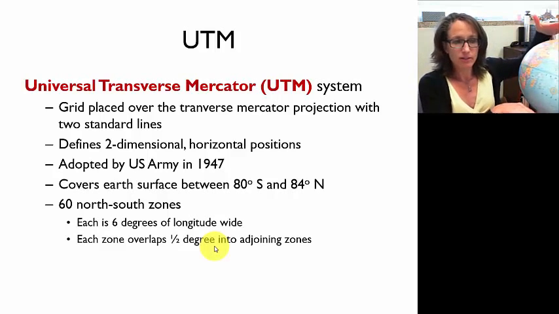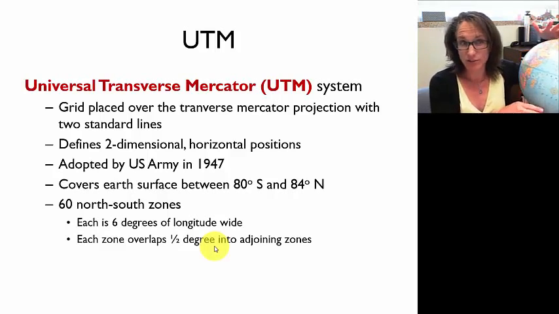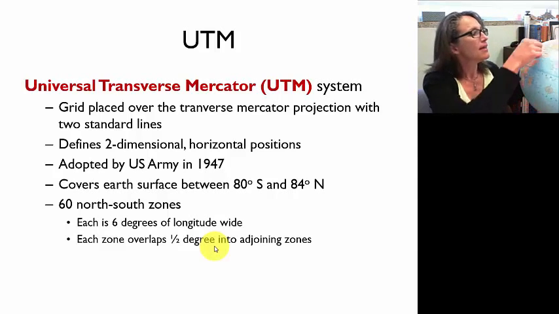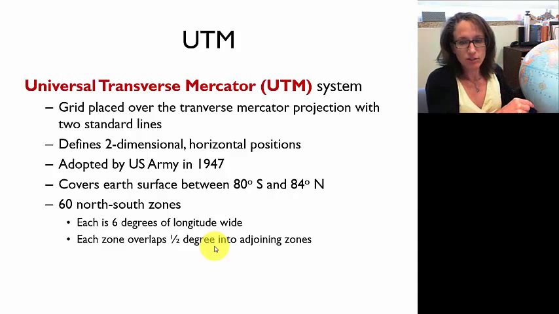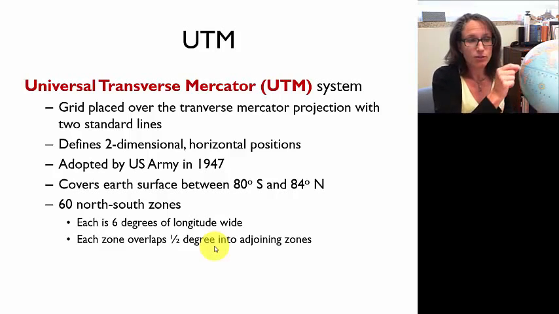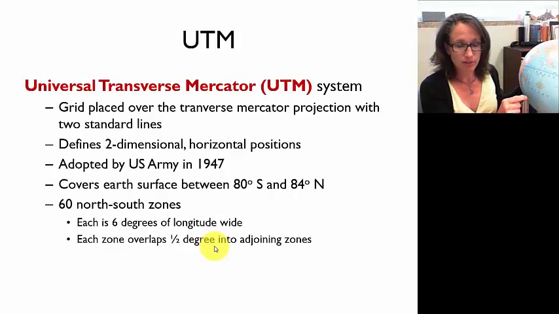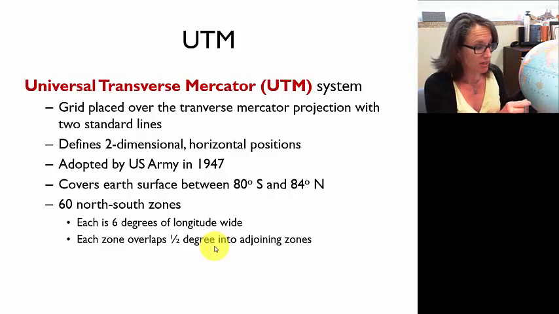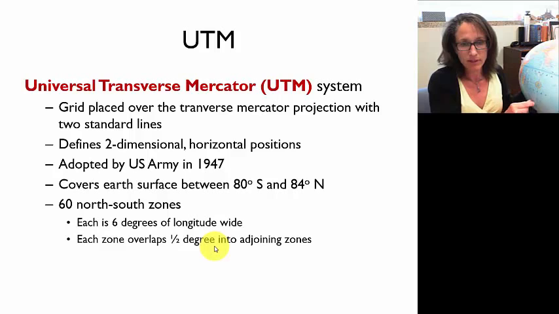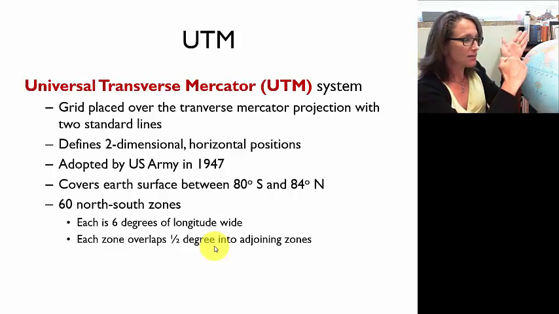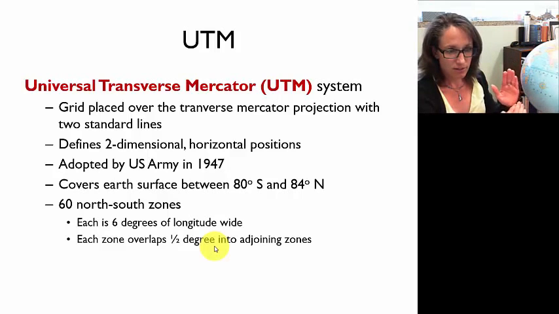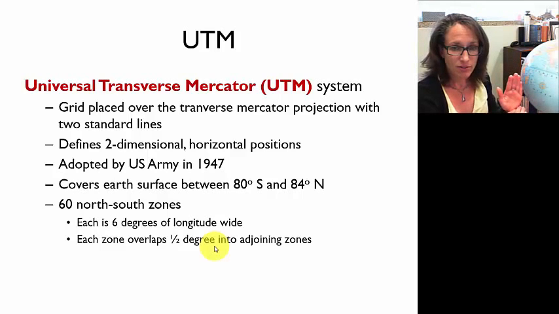And what they did with the UTM grid system, which I think is actually a really cool idea, instead of projecting the entire globe on one map, they project a 6-degree wide strip, 6 degrees of longitude wide, using the transverse Mercator projection. So we use the transverse Mercator projection to project a little skinny strip of the globe, and they put a grid on the northern half of the strip and a different grid, different coordinates, on the southern half of the strip.